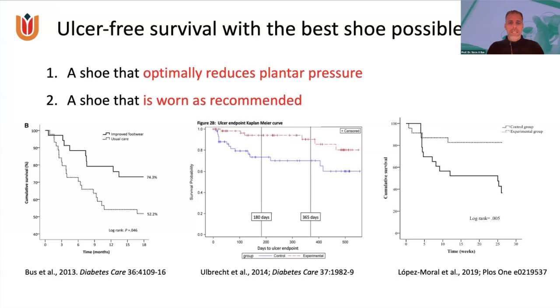So about a 50 to 60% reduction in the risk of recurrence can be achieved.